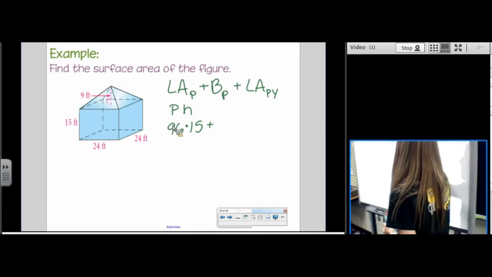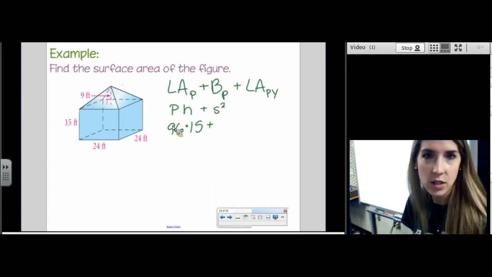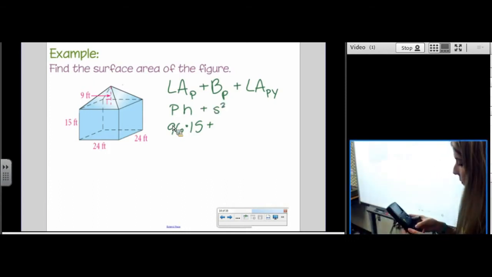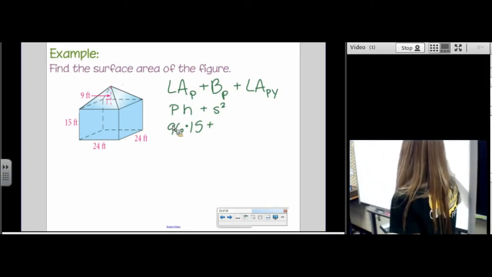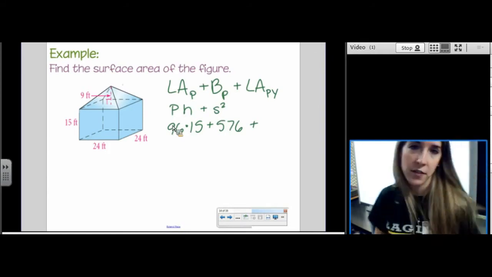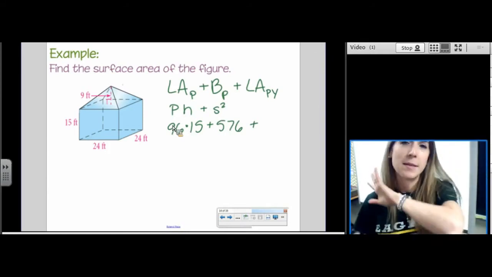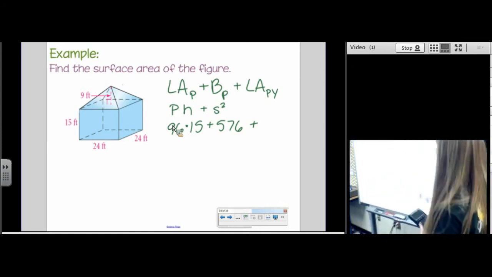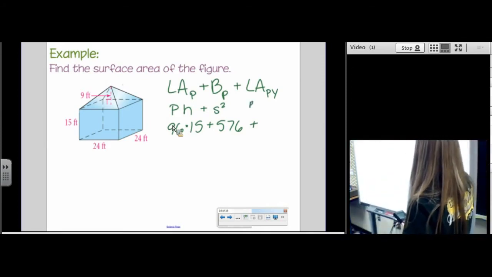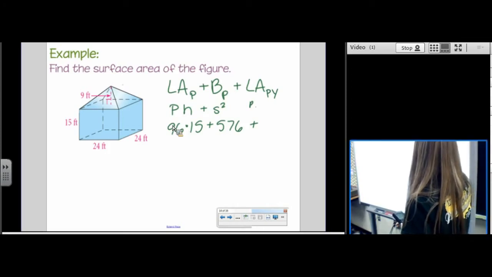Capital B would be side squared, right? Because it's a square. So 24 times 24, or 24 squared, 576. And then the lateral surface area of a pyramid. Remember, you don't need to memorize any of these formulas. You always get a formula chart. P L divided by 2.